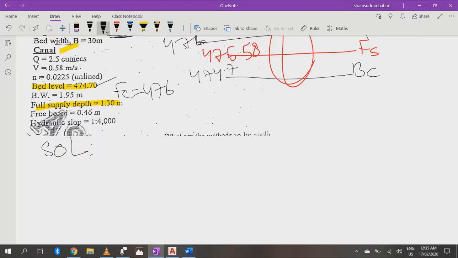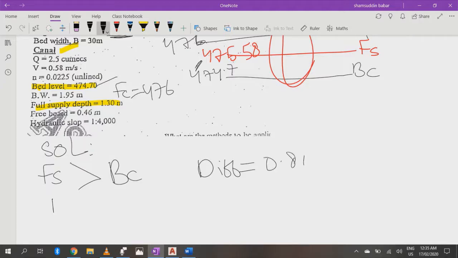We knew that the full supply level of the stream is greater than the bed level of the canal, and the difference, found by subtracting the two, is about 0.88 meter.